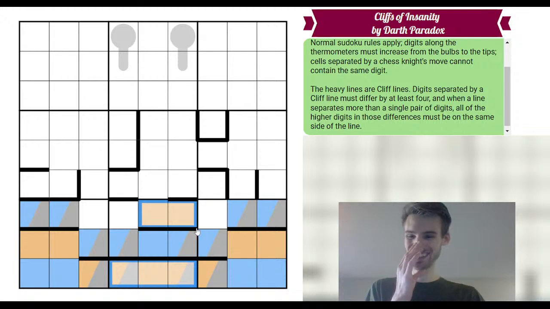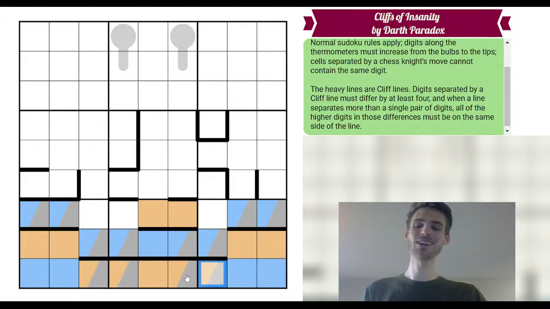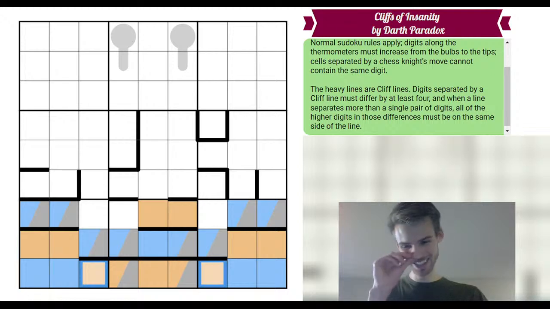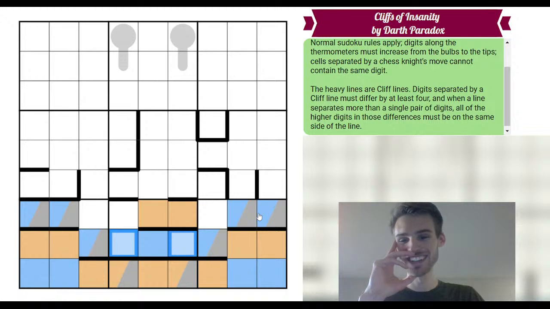I thought you were literally saying that in this row, one of the cells is orange, or one of the cells is gray. And I was like, come on, that's not even a hint. You're just being anti-helpful. Right, okay. So this is blue.